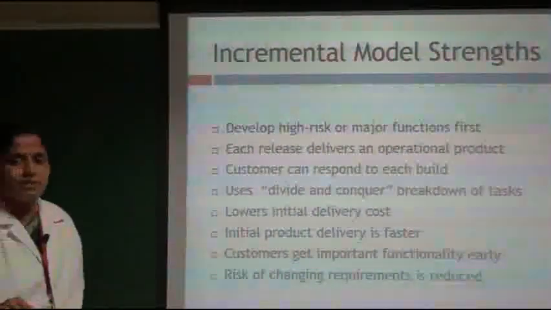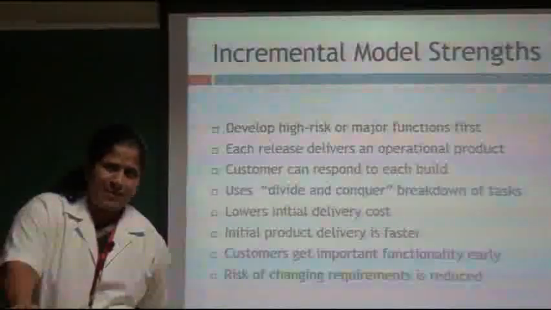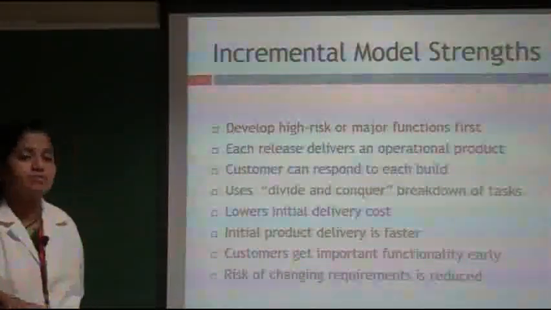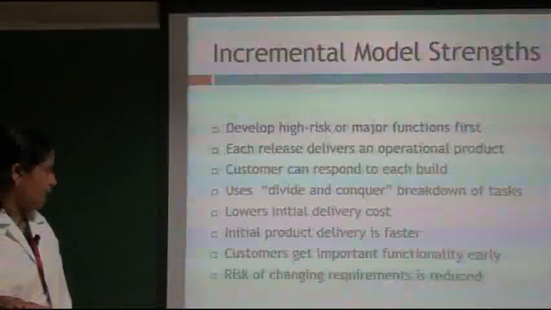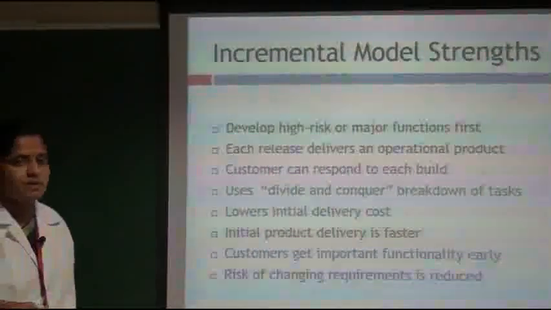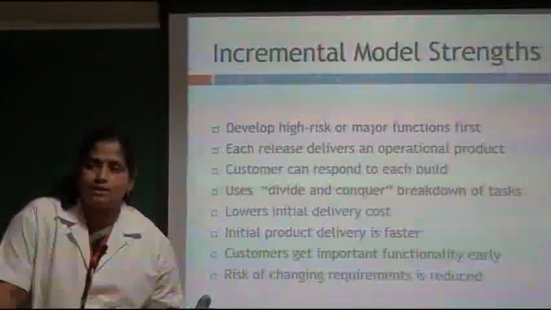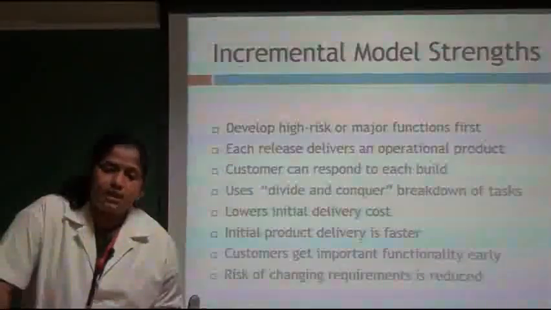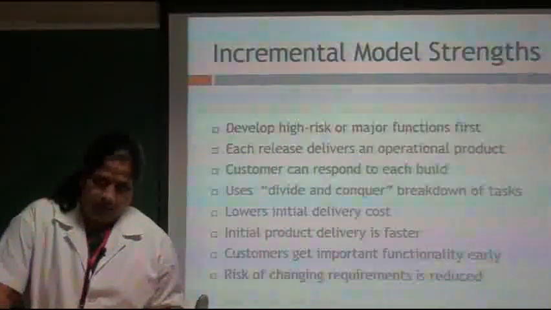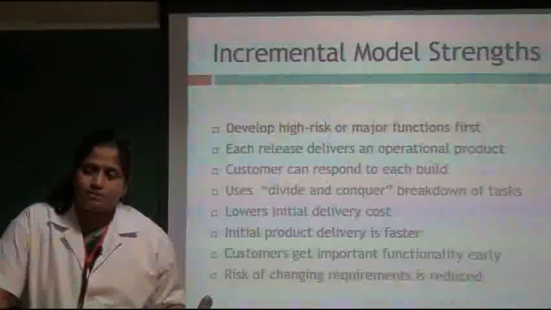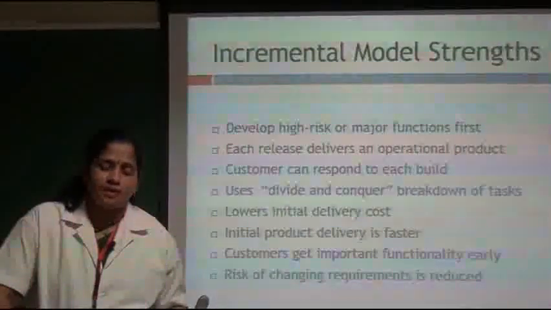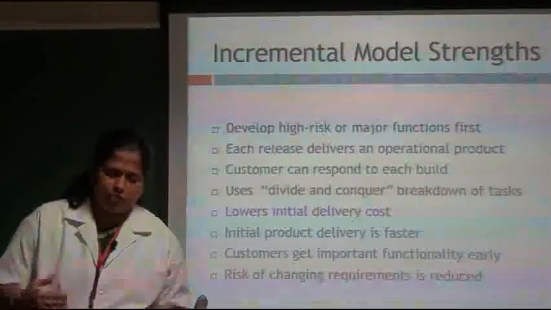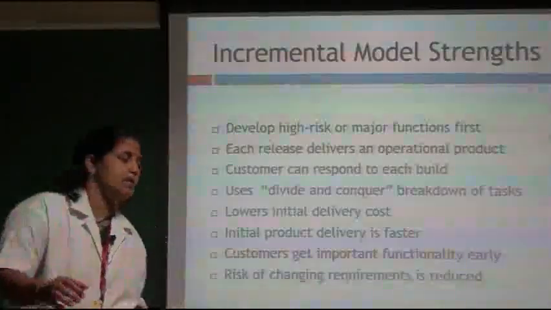After prioritizing the request, important functions will be delivered fast, and the risk of changing requirements is reduced because each one is dealt with by a separate function. The changing requirements will be reduced because if an additional function is needed, the new requirements for the new additional functions will be created.